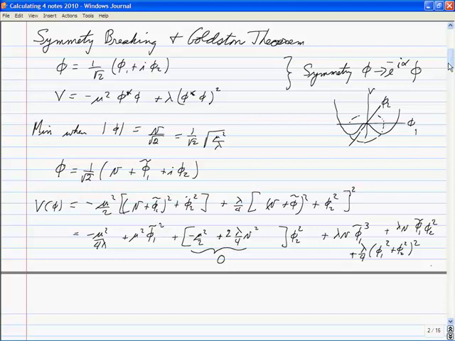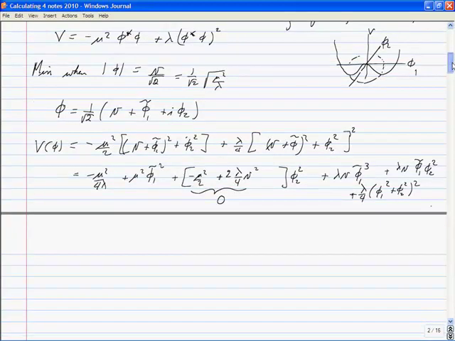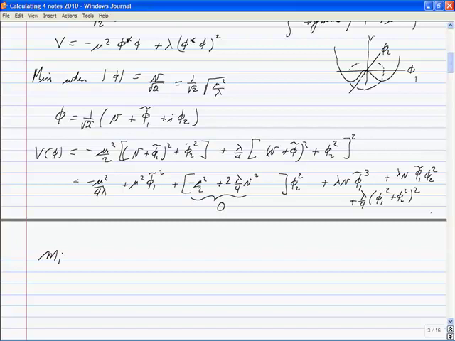So the end result of doing this is that the mass of phi 1 is 2 mu squared. The mass of phi 2 is 0. So we have a massless particle coming out of this thing, and you can get that from the picture. This is the intuition that we're trying to build here.